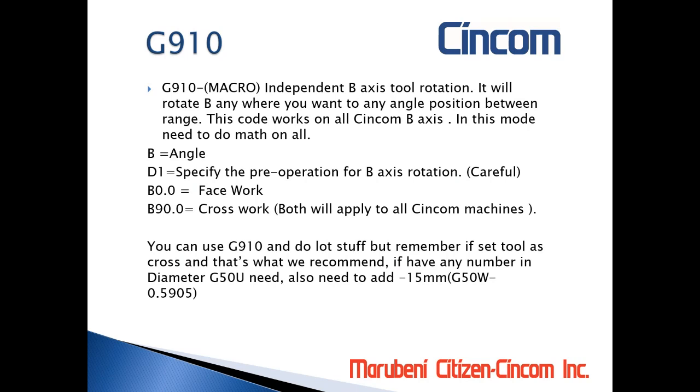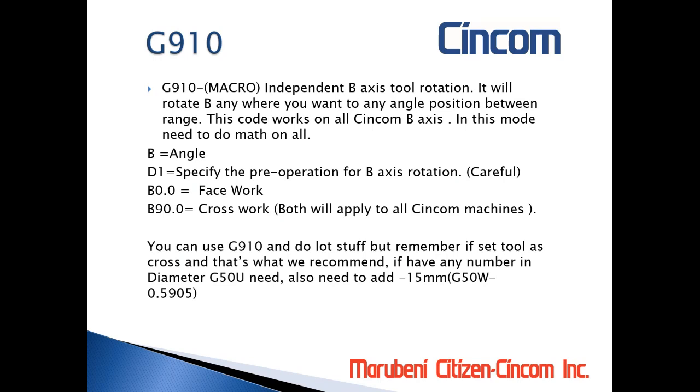B stands for angle. D1 specifies the pre-operation for the B. And I'm saying be careful there because personally, I don't like to use it in the program just at the beginning. Let's say somebody at the end of the program just forgets to flip the B-axis back to 90 degrees.